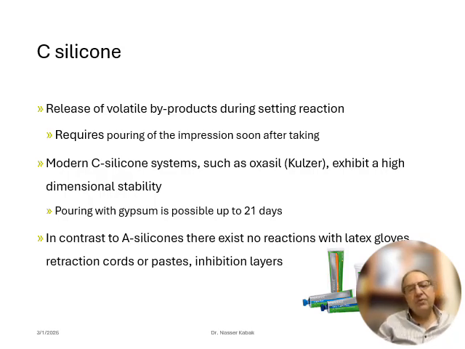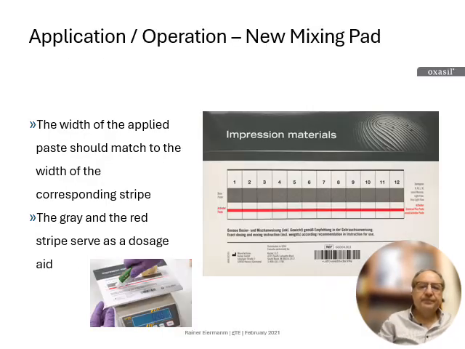release of the materials from this impression. It's better to use also mixing pads that properly measure the amount of base with the catalyst in order to obtain a good consistency and also good working time.